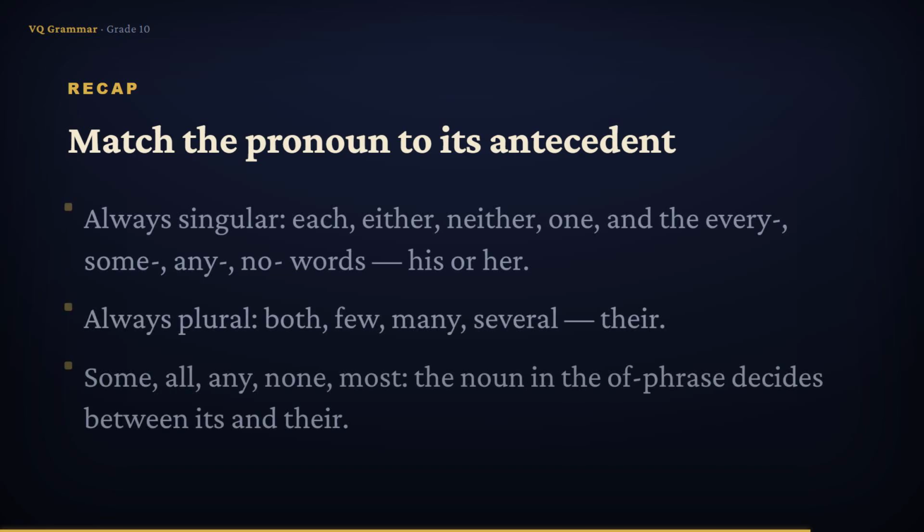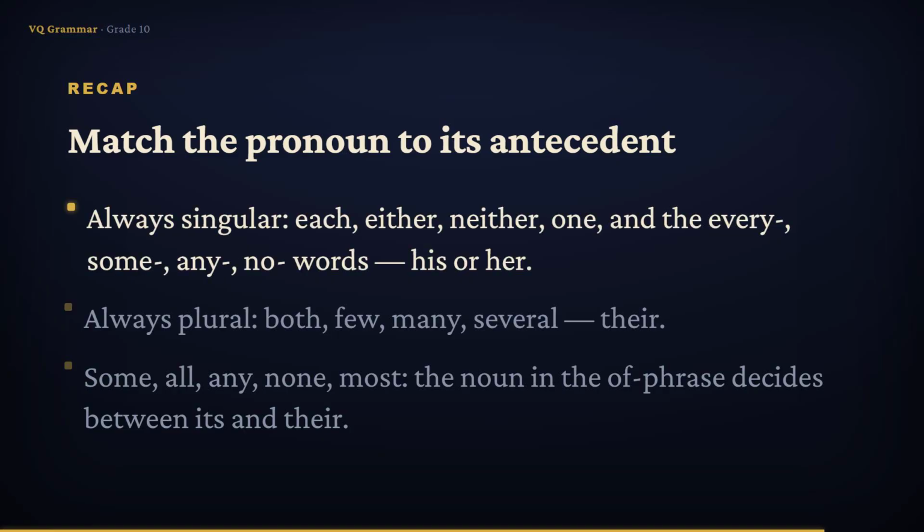Let us gather it all up. When the antecedent is an indefinite pronoun, the pronoun that refers back to it must agree with it in number. Group 1 is always singular: each, either, neither, one, and everything built from every, some, any, or no, plus one, body, or thing.